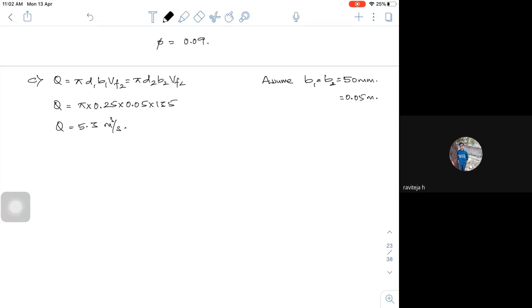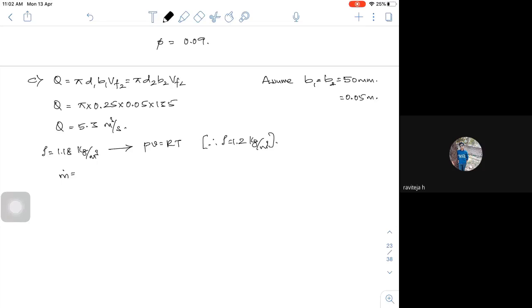And for the given condition, rho is equal to 1.18 kg per meter cube, which we already calculated using the equation PV is equal to RT. If nothing is given, I can go with rho is equal to 1.2 also. There will be a slight difference.